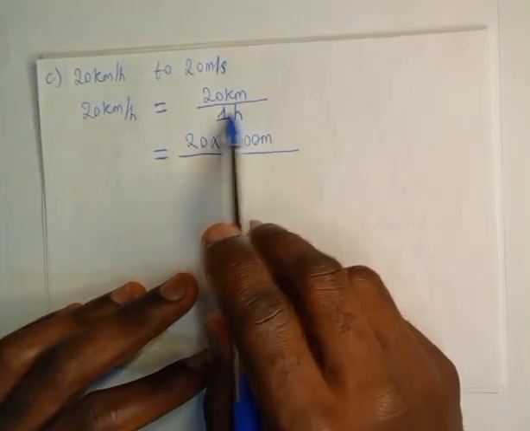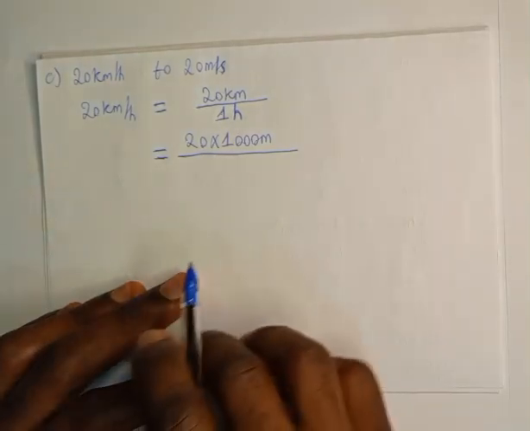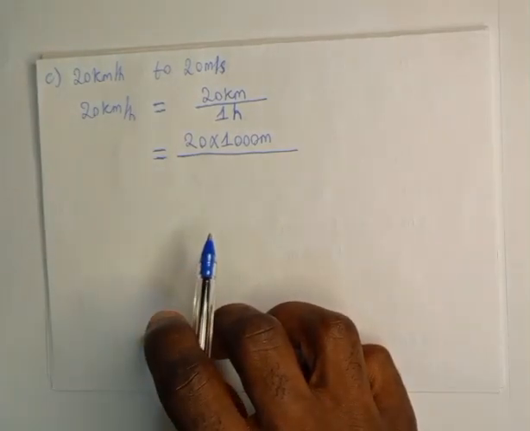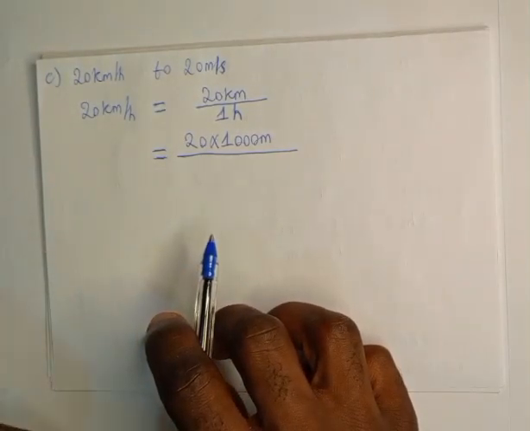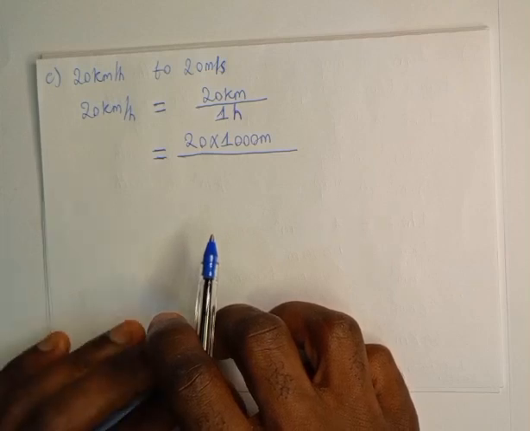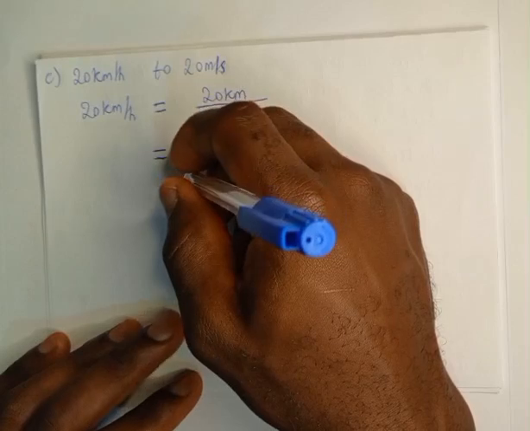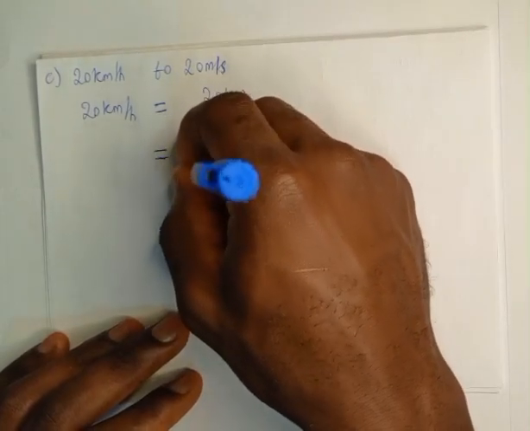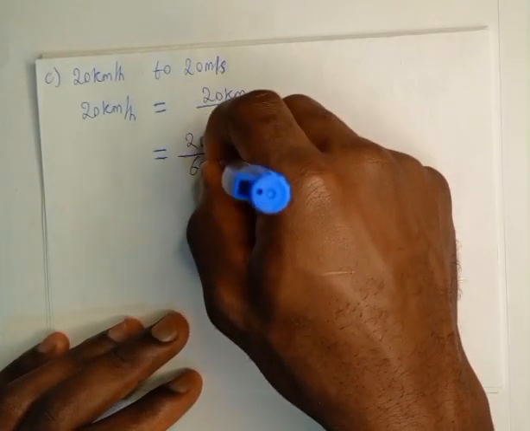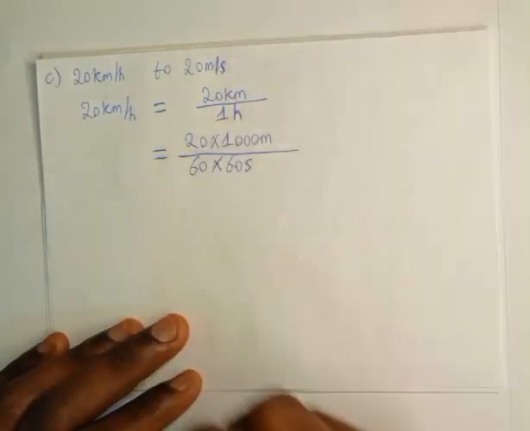We have to express 1 hour in seconds. We know 60 minutes make 1 hour. 60 seconds make 1 minute. Therefore, 1 hour in seconds will simply be equal to 60 times 60 seconds.